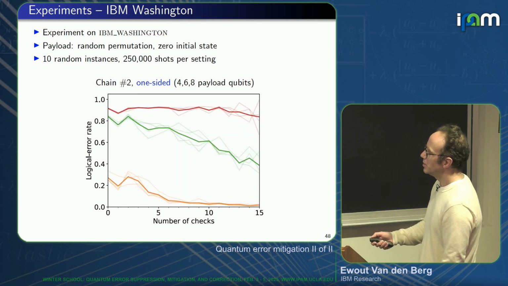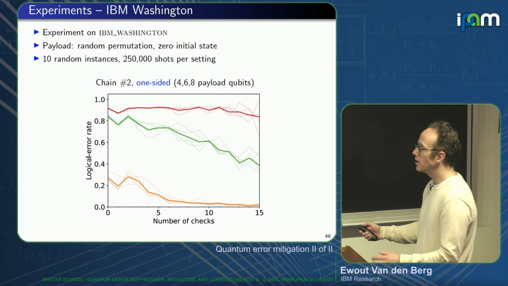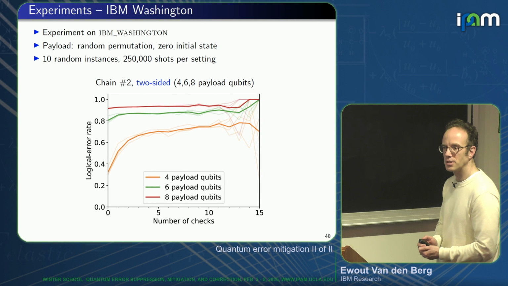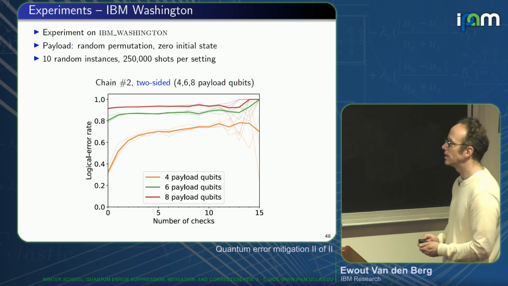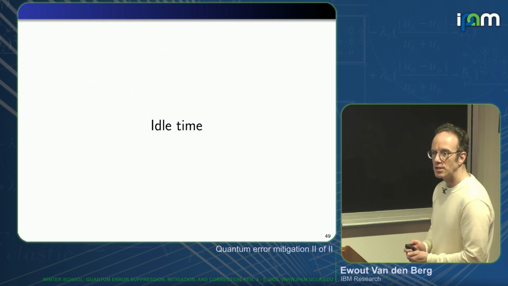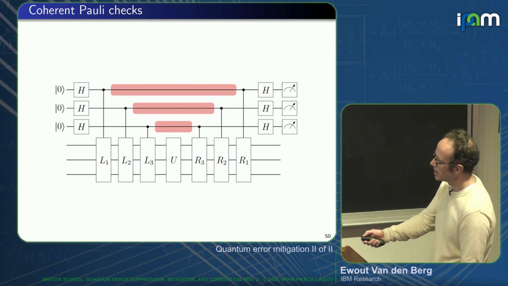Now this is something we notice. This is a one-sided check for 4, 6, and 8 qubits. But if we now apply two-sided checks, it just seemed to make things worse. And why is that? I just attribute this to idle time. So you have your unitary here with your checks.